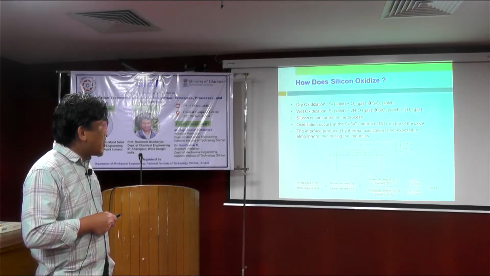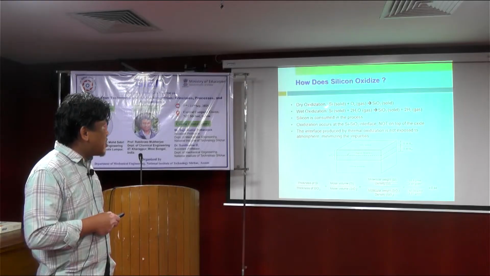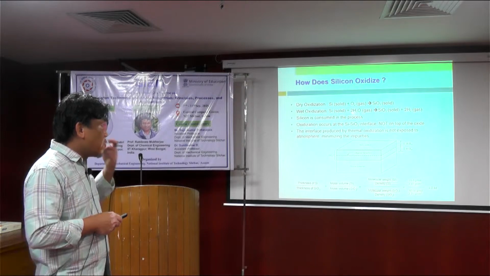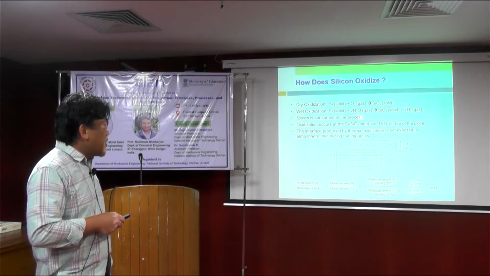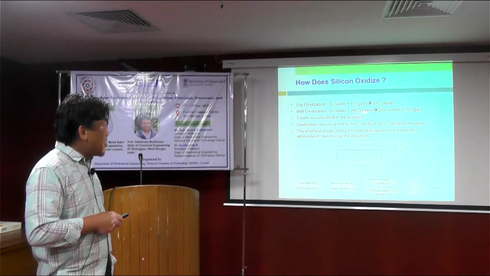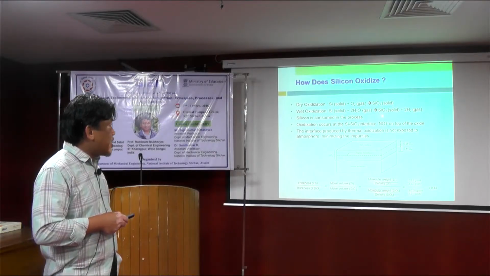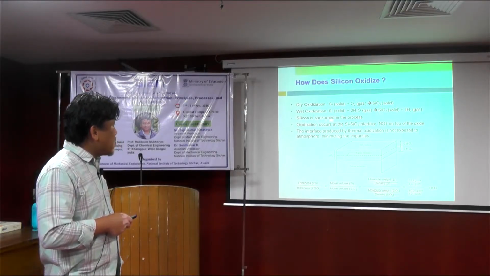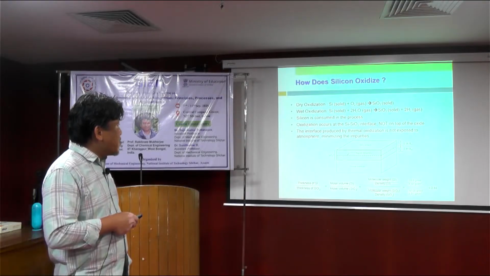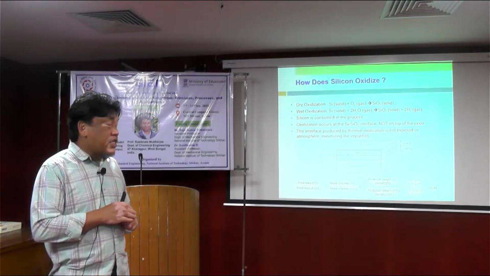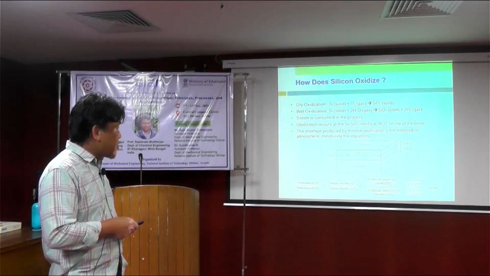And for wet oxidation, when we have solid silicon, then we flow water vapor basically, and then we can get silicon dioxide as well. The silicon is consumed in the process because it's the reaction between silicon and oxygen to form silicon dioxide.